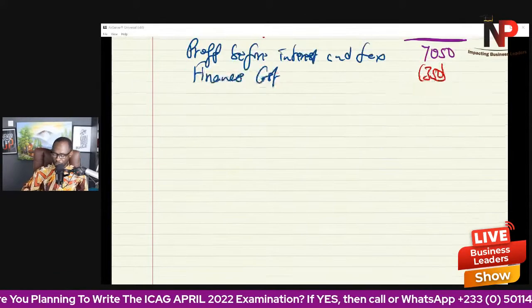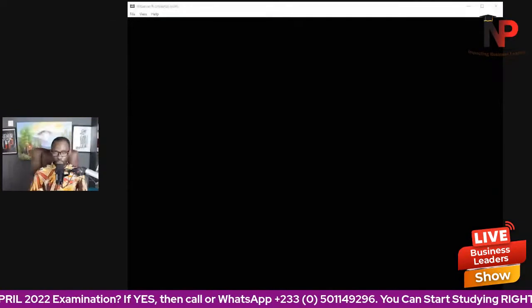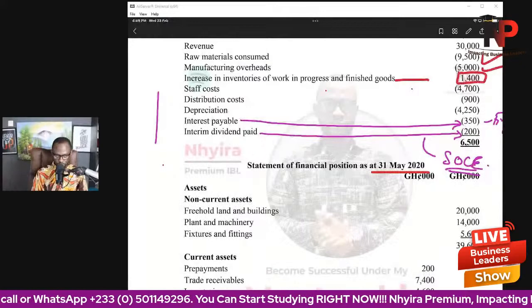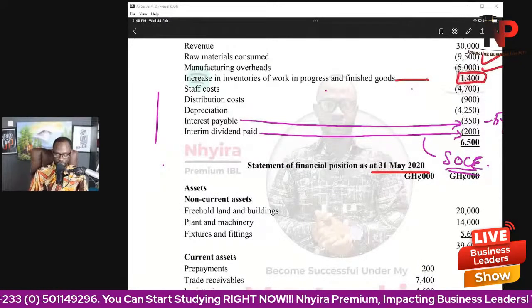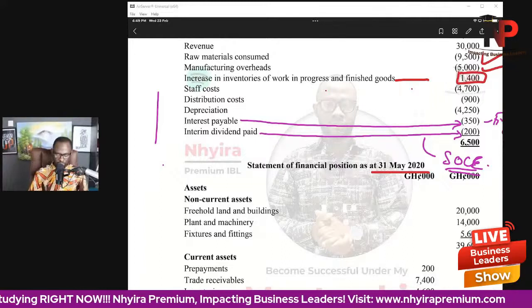Now remember, we are told it is payable. Since it is payable, what is going to happen is that when we go to the statement of financial position, it's going to be featuring there under current liabilities because it is usually stated there as payable.